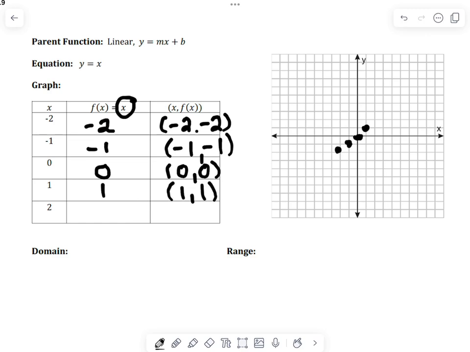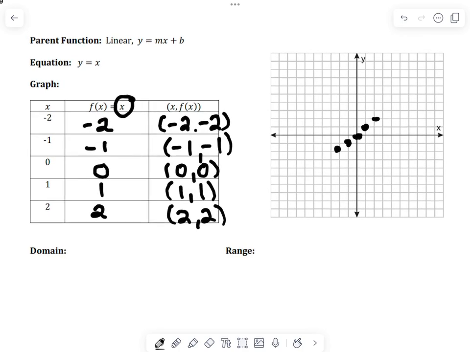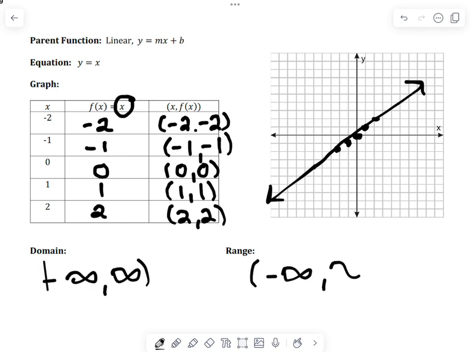Right 1, up 1. Input 2, output 2, so (2, 2). And then we connect our line. This is a continuous function. So the domain is all real numbers, and the range is also all real numbers.